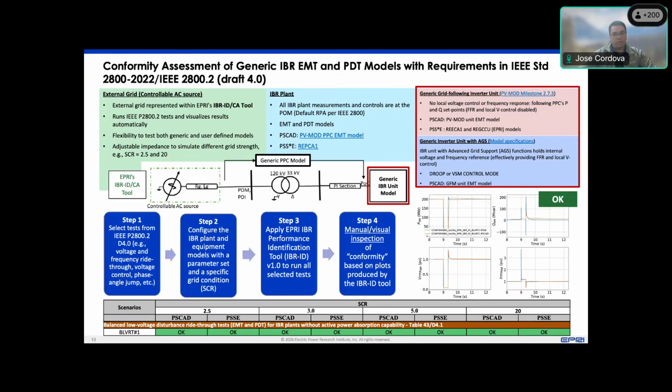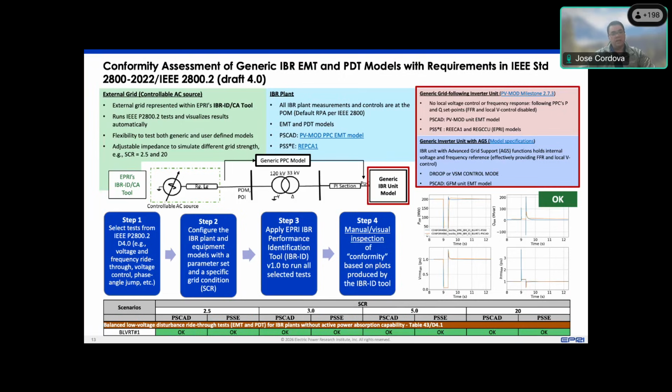Then, as step two, we configured that plant across different grid conditions with different SCR values, as stated in some of the recommendations by the base standard, and also applied all these tests with EPRI's tool called the IBR ID tool, which is software that can actually control this controllable AC source on the left side, and performs all the tests for DOT2.